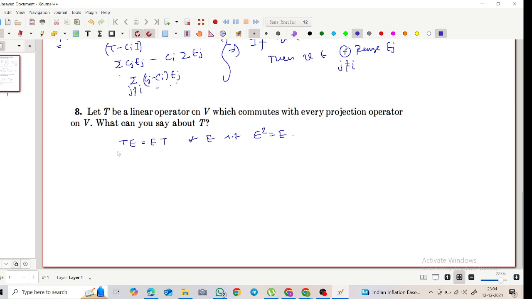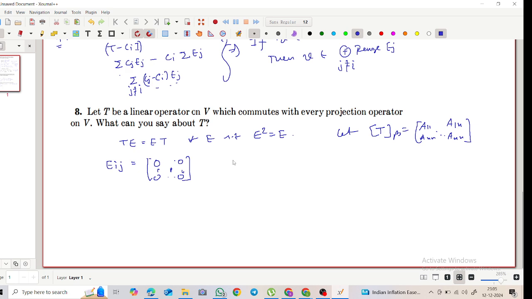Okay. So let T in the standard basis be this matrix. This is the matrix of A in the standard basis. And suppose Eij is the matrix with 0 everywhere and 1 in the ijth place.